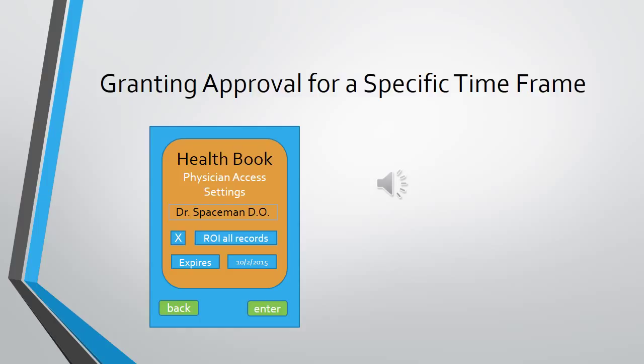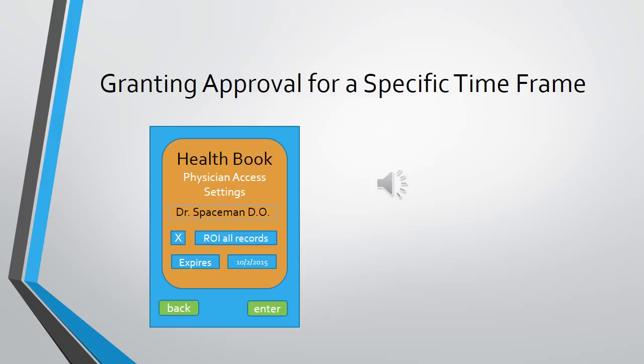At which point you would then get a list of physicians that you could grant access to. The beauty of this program is that because you are the owner of the records, you can set a time limitation for the amount of time you want that healthcare provider to have access. You can also revoke that access at any time.